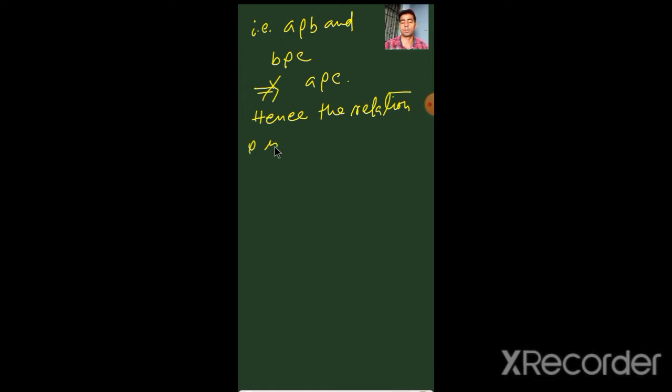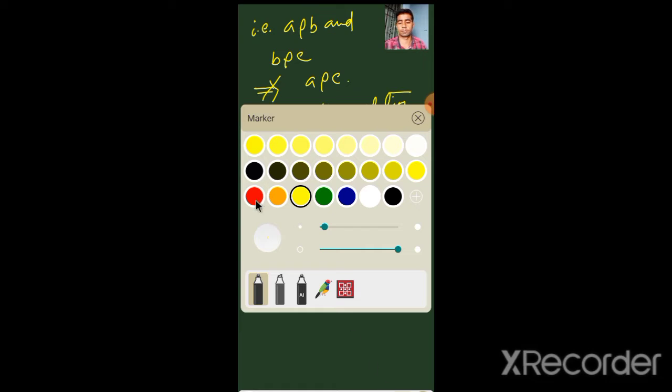That is, A is related to B and B is related to C does not imply A is related to C. Hence the relation rho is not a transitive relation. Therefore, we have completed question number 5.